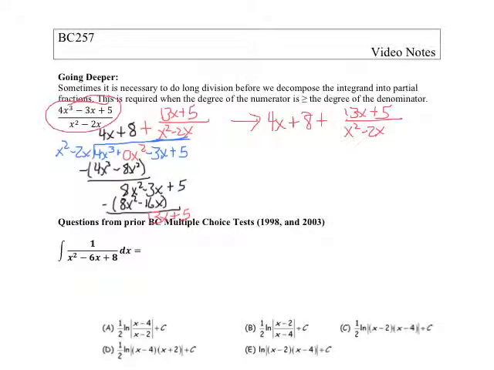And that's going to be where you do the partial fraction decomposition of that. So in the denominator we have x times (x - 2). So A/x + B/(x - 2).